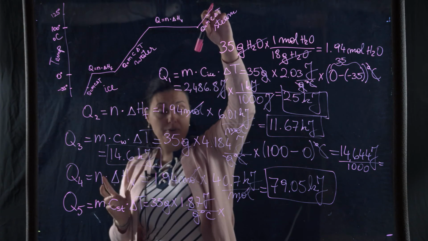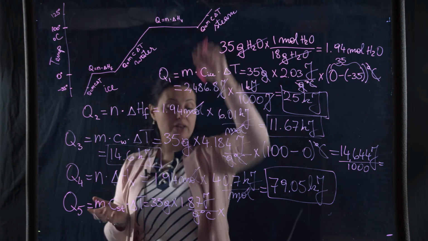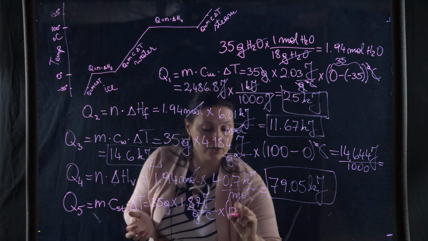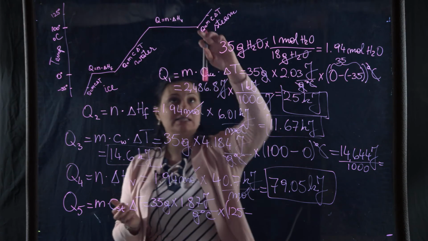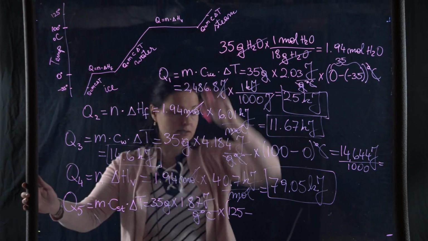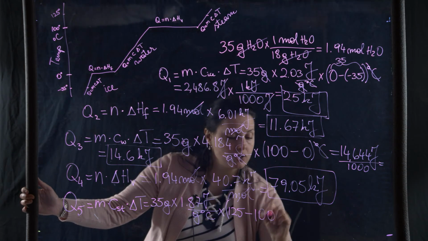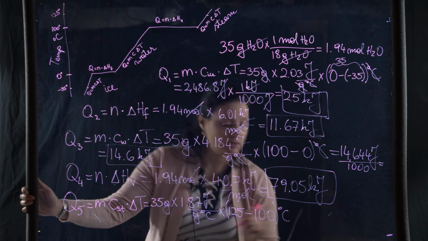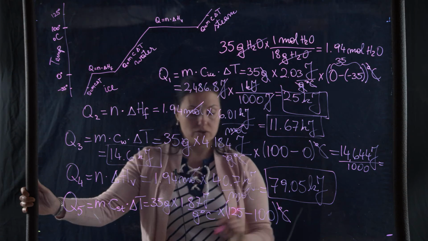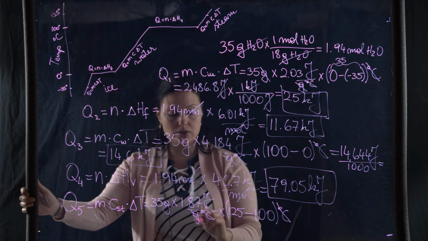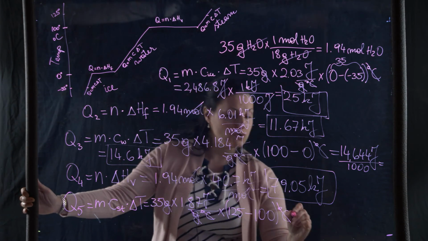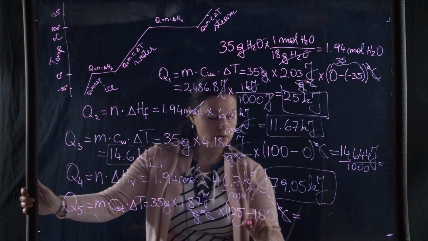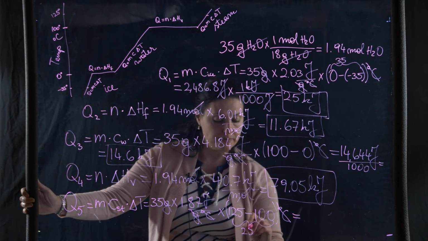I end up at 125 degrees, so that is my final temperature, and I started at 100 degrees. That is my initial temperature. And this is my difference then. So degrees Celsius will cancel, grams will cancel. If you do this math, this will give you 25.